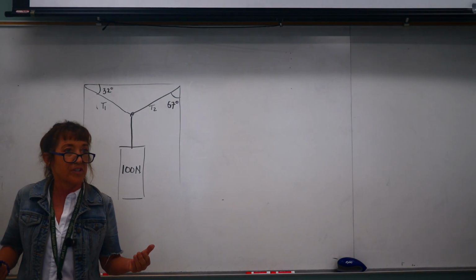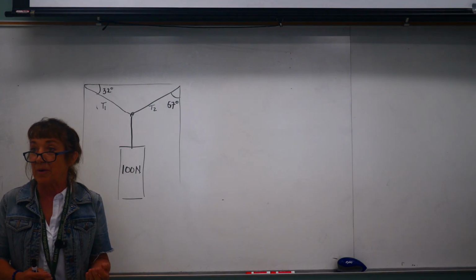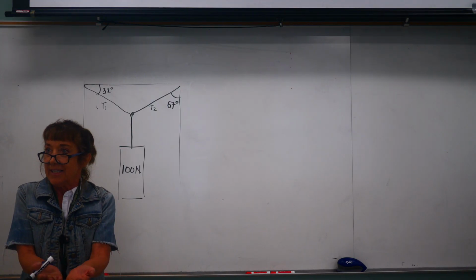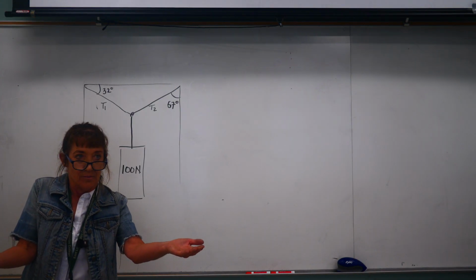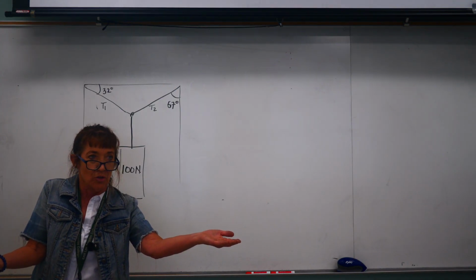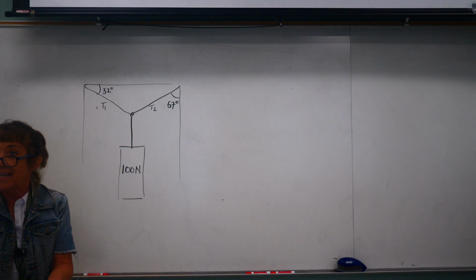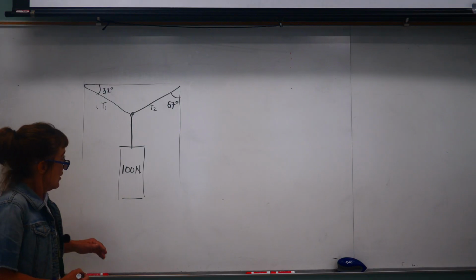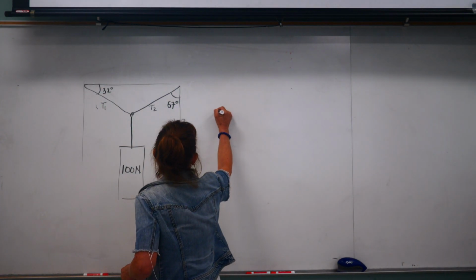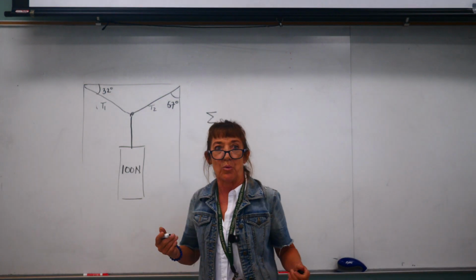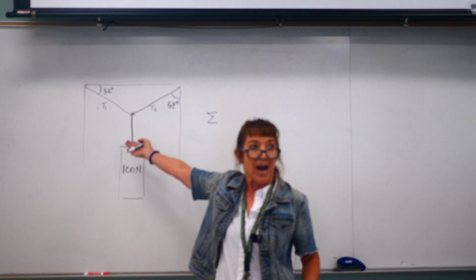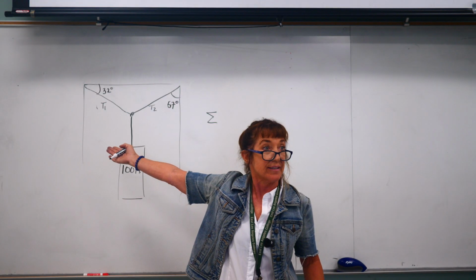When we're doing these force problems, we're going to do the sum of the forces in the x, similarly to how we did our problems in two-dimensional motion. We're going to take the x and y components, okay? So, for my sum of the forces, what should they equal? 0, because this is a body in an inertial state, right?